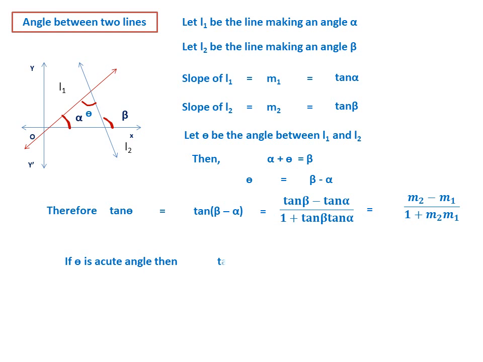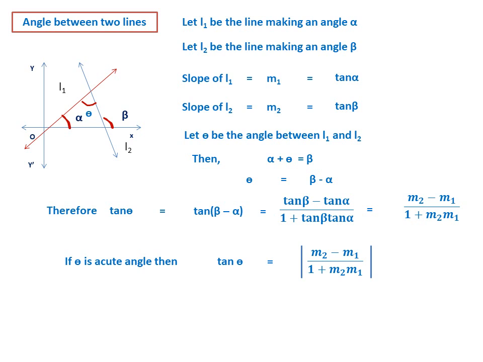So therefore if theta is acute, then what we have to do is take mod, because see there are two possibilities. This theta can be obtuse. In that case tan theta will be negative. If theta is acute, tan theta will be positive. But if theta is acute, the other angle will be obtuse because it's a linear pair. So you are always talking about the acute angle to avoid the confusion.